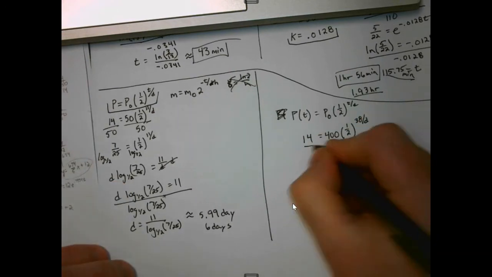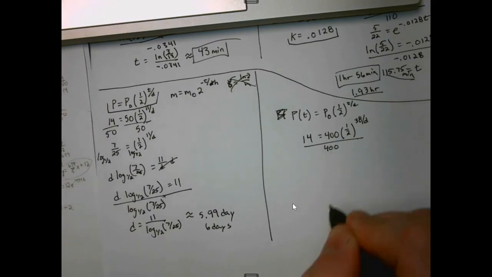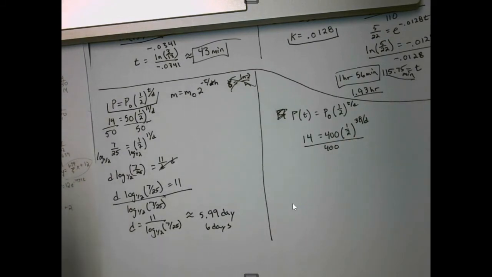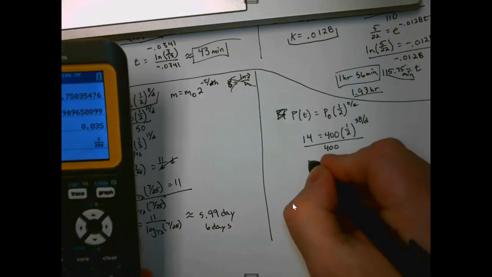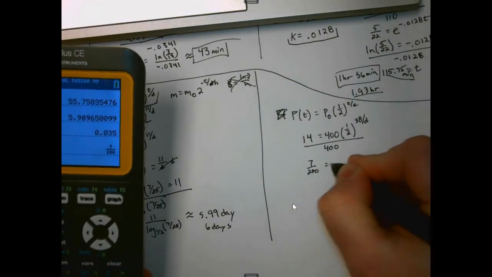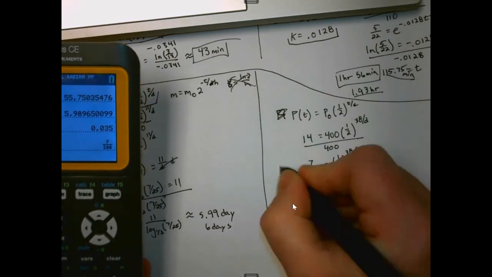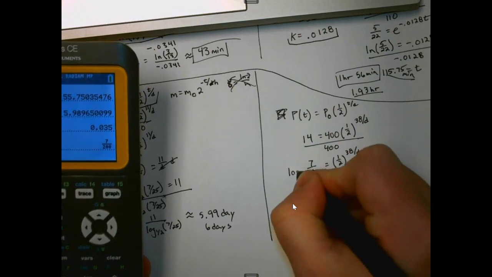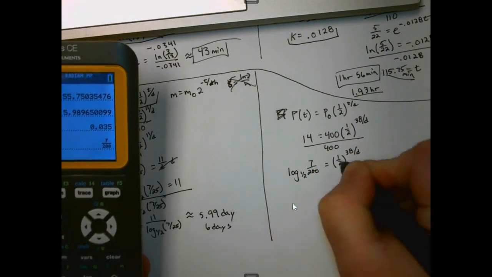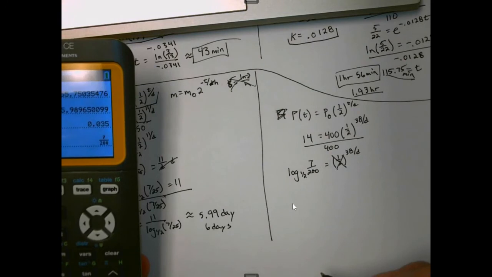Okay, so again, just divide by 400. So 14 over 400 reduces to 7 over 200 equals 1/2 to the 38 over D. So we have log base 1/2 of both sides, that cancels.